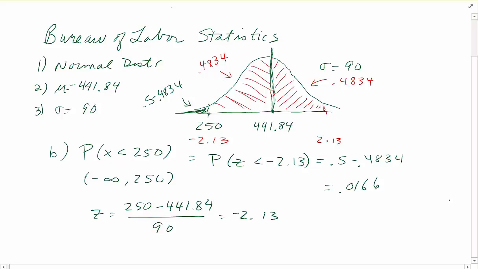For a randomly selected production worker, what is the probability the worker earns less than $250 a week? There's a 1.7% chance of that happening, or 1.7% of the production workers earn less than $250 a week. So if I selected one at random, there's a 1.7% chance I will get a production worker in that pay range.